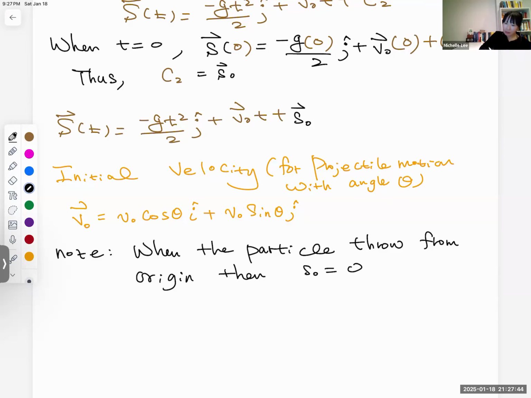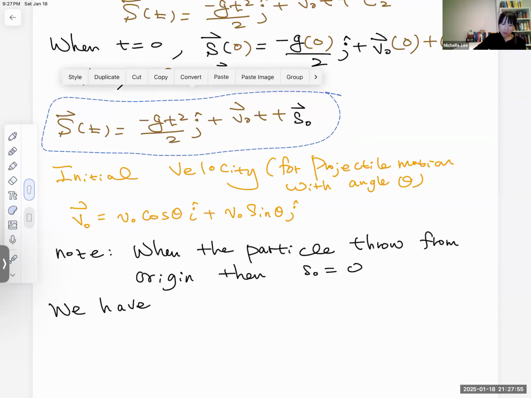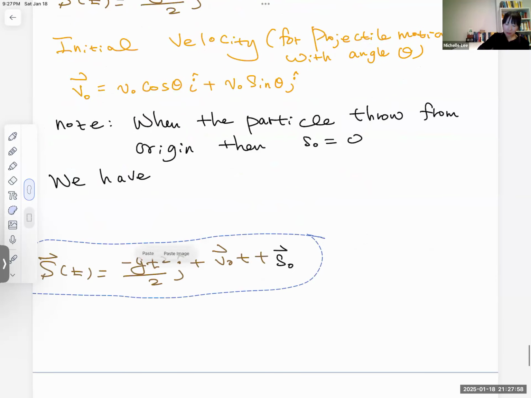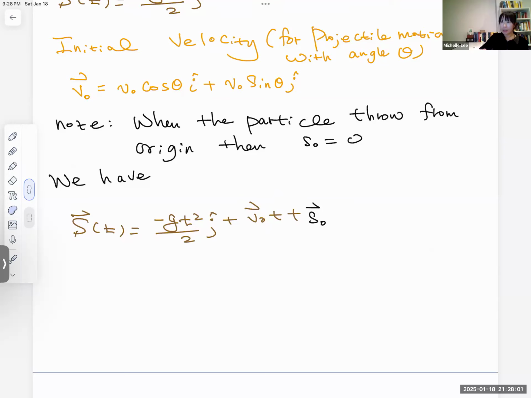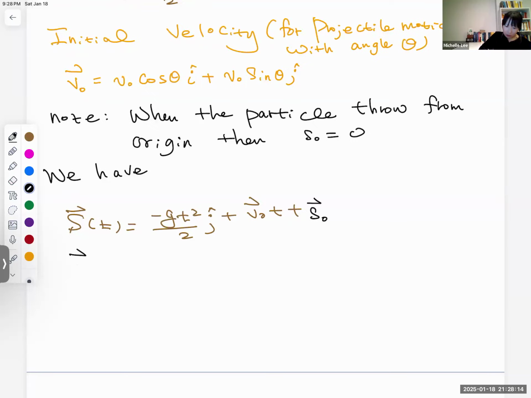Okay, then we have, copy this. Then we have this equal to 0, right? So S of T equal to negative GT squared over 2 j hat plus V naught T.